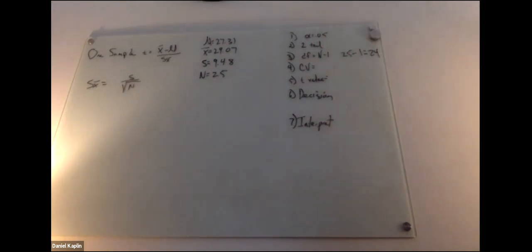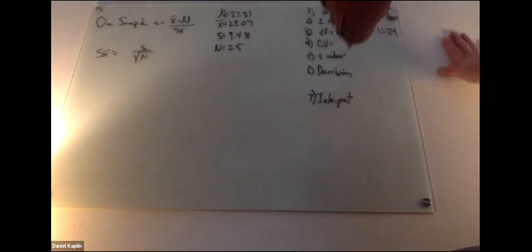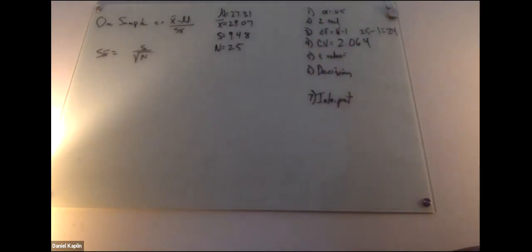So now I need to go get my critical value. I'm going to move this for a second because the book is holding the computer for now. So I need to go to the back of the book and find the critical value for a two-tailed test, level of significance, with 24 degrees of freedom. And the critical value that I come up with is 2.064. 2.064, that's my critical value.